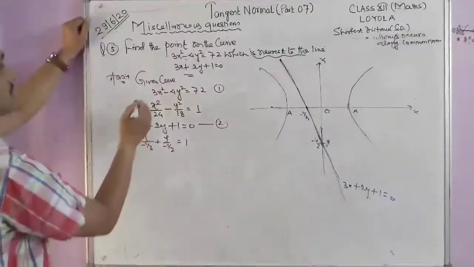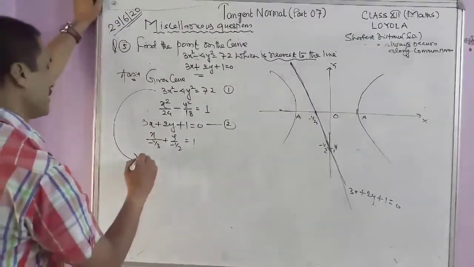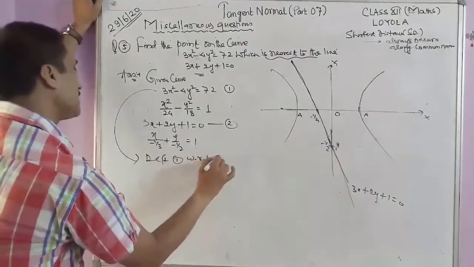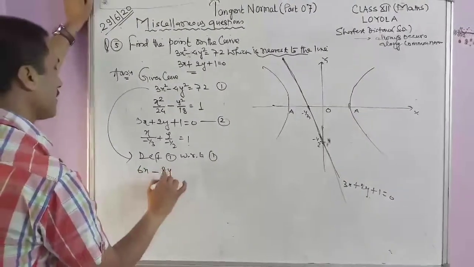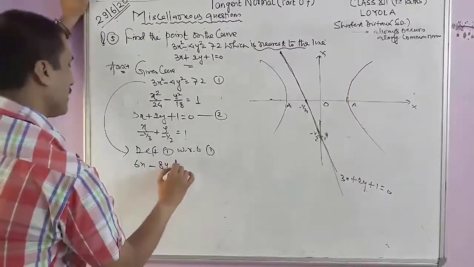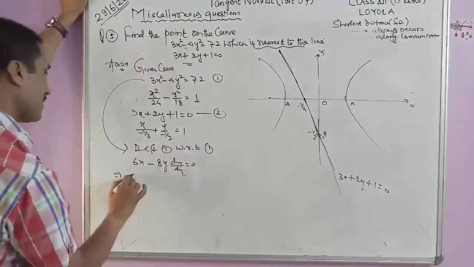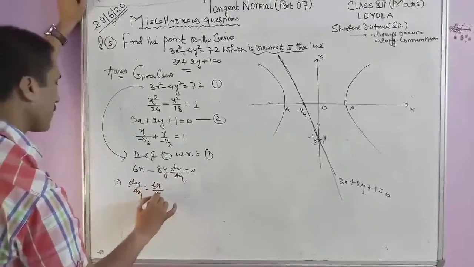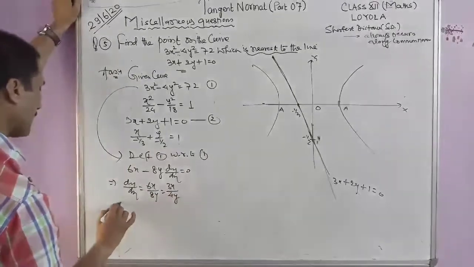Differentiating first with respect to x, 6x minus 8y dy by dx equal to 0. So dy by dx equal to 6x upon 8y, that is 3x upon 4y.